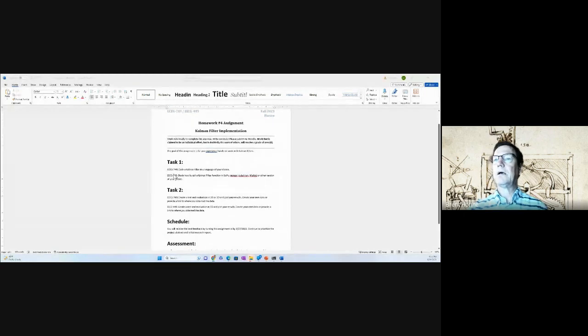For those in the graduate course, I'd like you to code a Kalman filter in a language of your choice. You're going to find lots of examples. Sure, grab those examples, but put it together and come up with your own code.